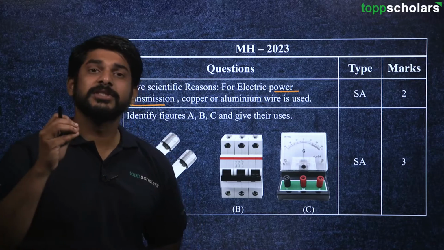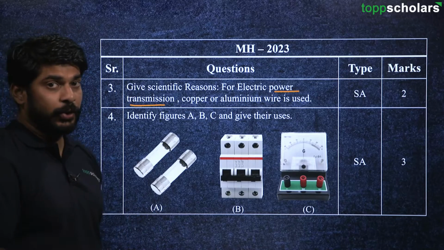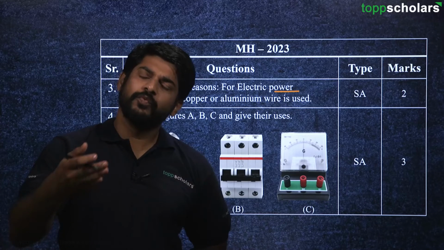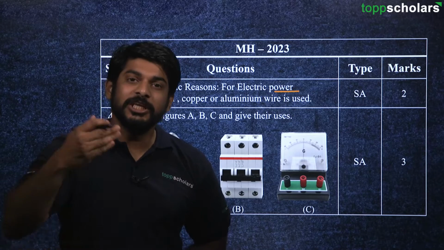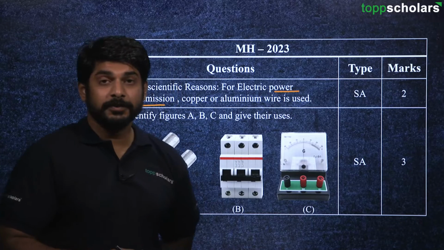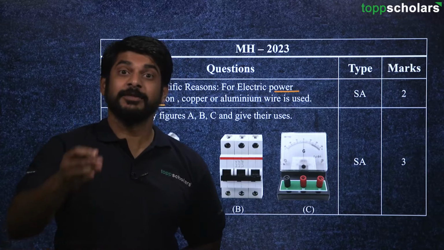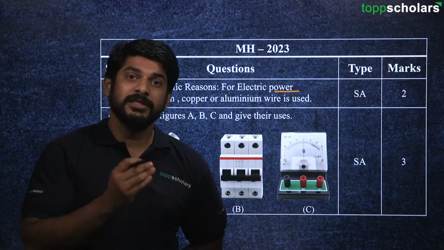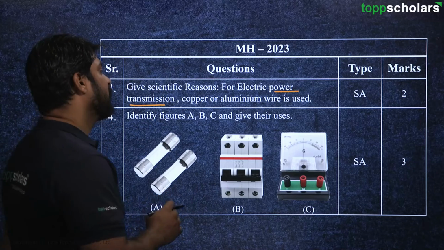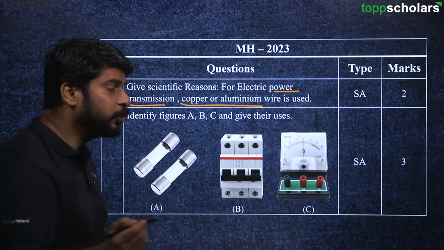Resistance is very low. Then secondly, since they have very low resistance, they will produce very less heat. That means the heating effect is also very less, due to which the dissipation of electrical energy in the form of heat is also very less. That's why copper and aluminum are generally used.